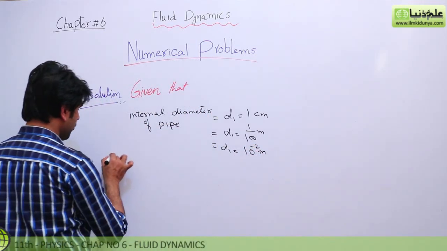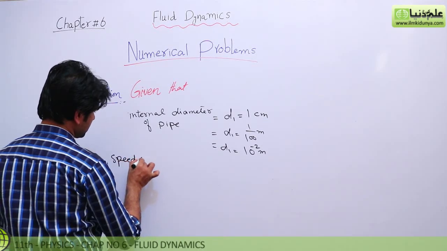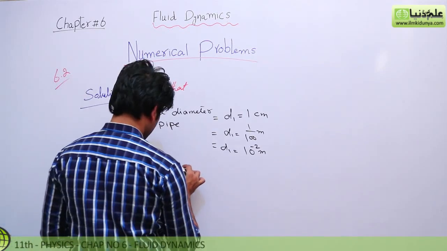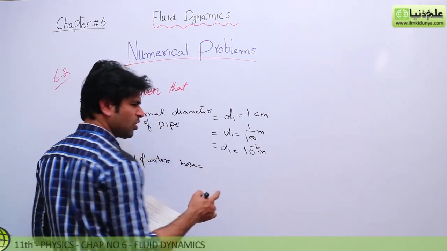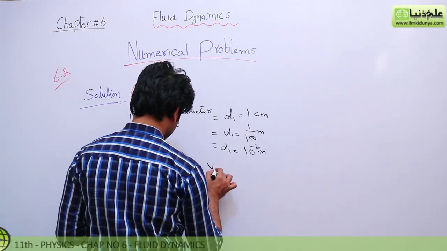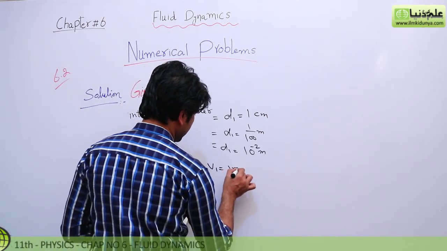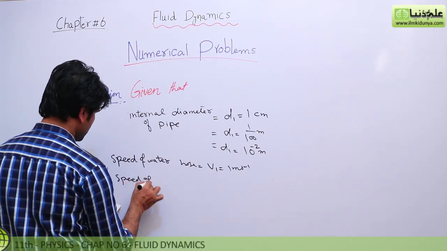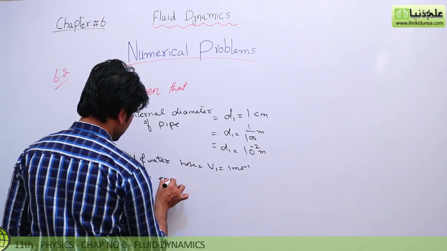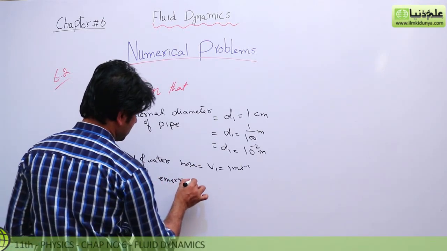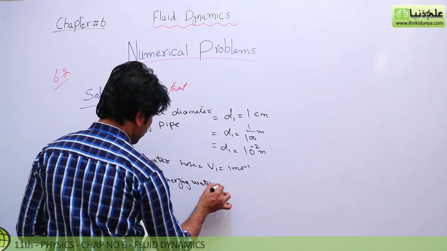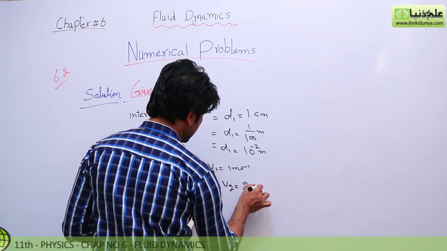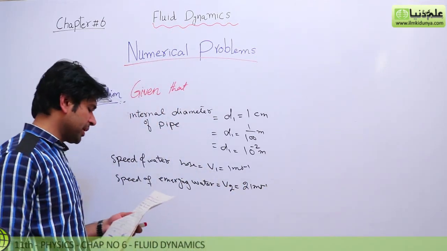And speed of water inside the hose pipe, V1, equals 1 meter per second. Speed of emerging water we can write as V2, 21 meter per second, which is given data of your numerical problem.